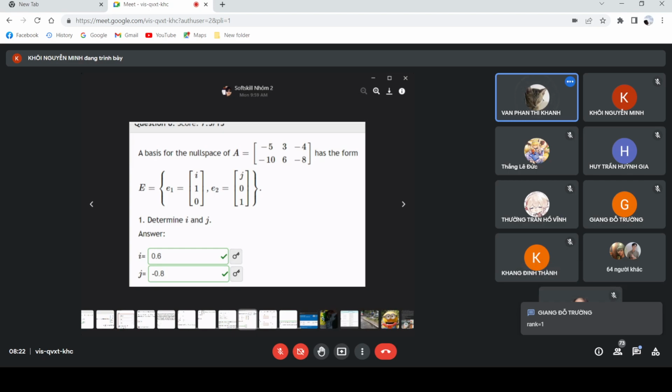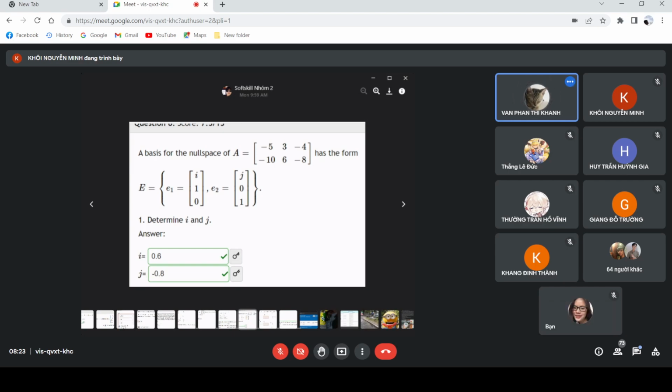Yeah, rank is 1. So what is the dimension of the null space? You know that the dimension of the null space is equal to the number of free unknowns, and the number of free unknowns is equal to the number of unknowns minus the number of equations.